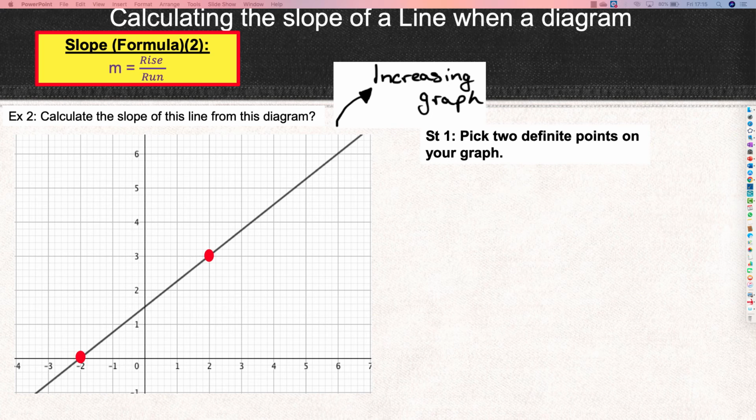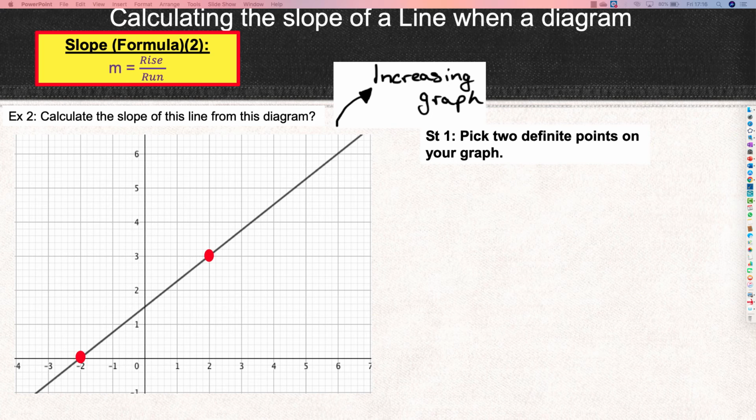Right. I'm going to get the slope of it. First of all, is it going to be positive or negative? Positive. Why is it positive? It's going up. So, what is my formula when it's positive? Rise over run. What's my formula when it's negative? Fall over run. So, what's my run here? How far am I running?